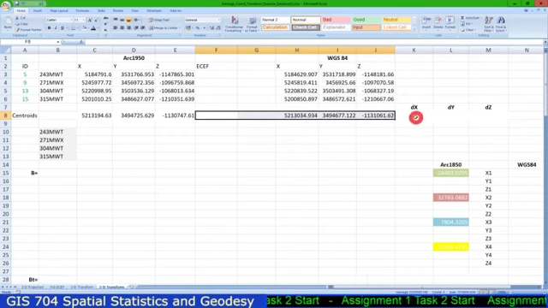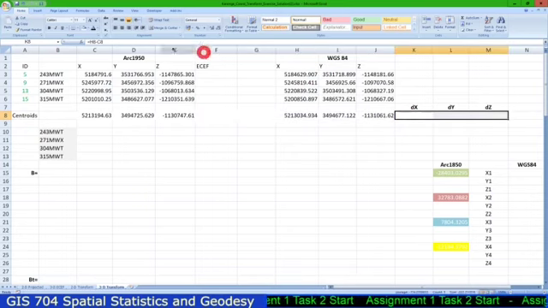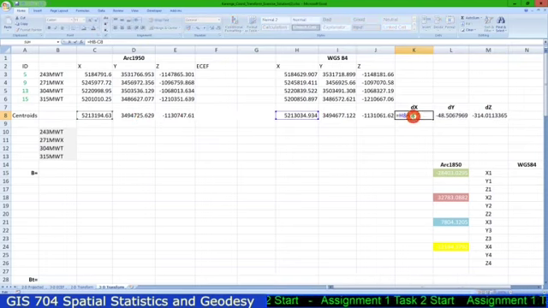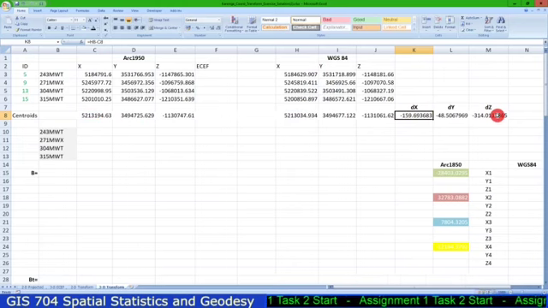And you can see that your dx, dy, dz is simply the difference between these and these. Now if you look at that one, it's that one minus that one. Always the one where you want to go to minus the one where you're coming from. And the same with those.